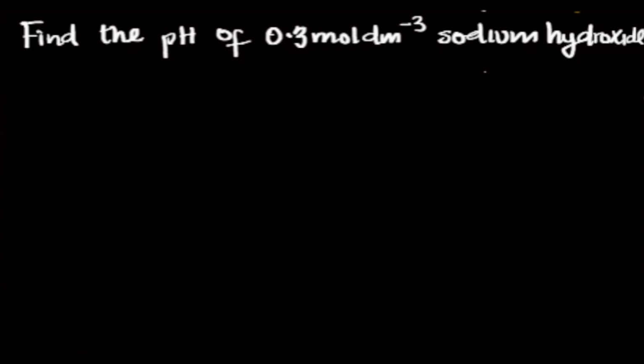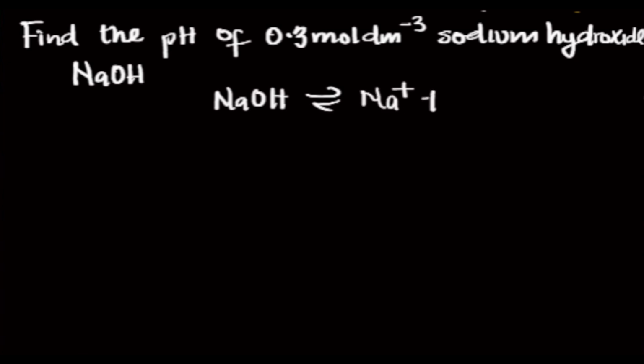Now the next question says, find the pH of 0.3 mole per dm cubed sodium hydroxide. Sodium hydroxide is the symbol NaOH, right? And in that case, whenever we dissolve NaOH inside water, it's going to split into Na plus and OH minus.